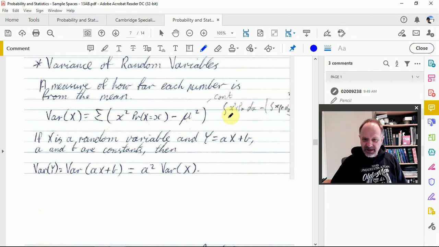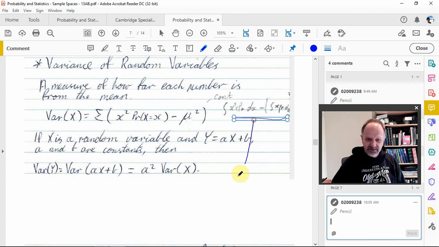Now what I've got over here is for continuous, and that's for discrete. For continuous it's this, so it's a bit unclear.